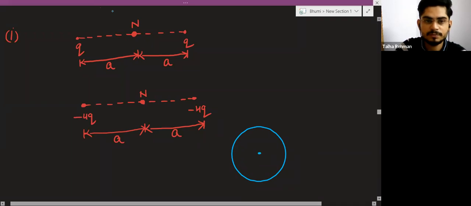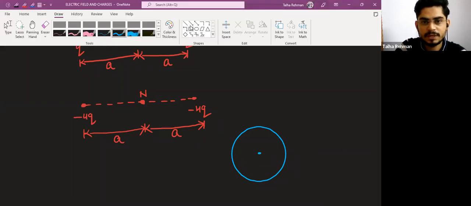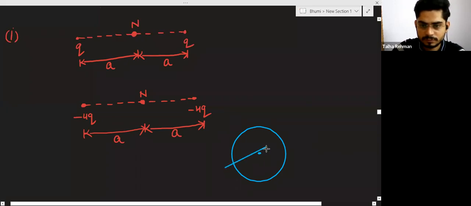Now I am taking a knife and cutting this circle. After cutting, we have part 1 and part 2.